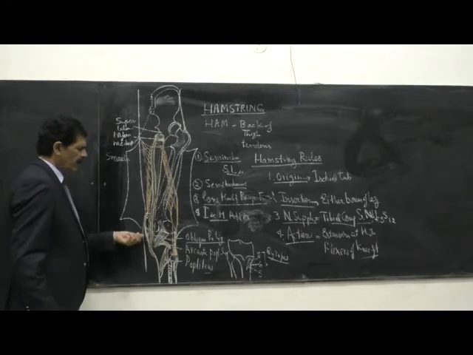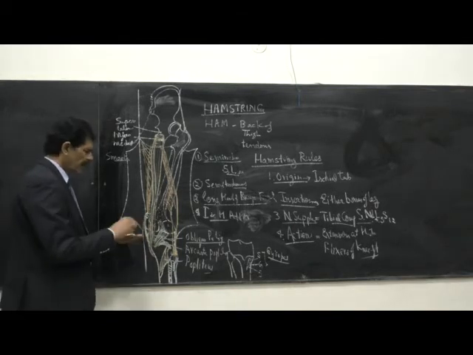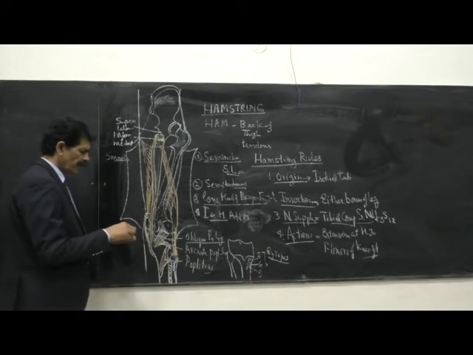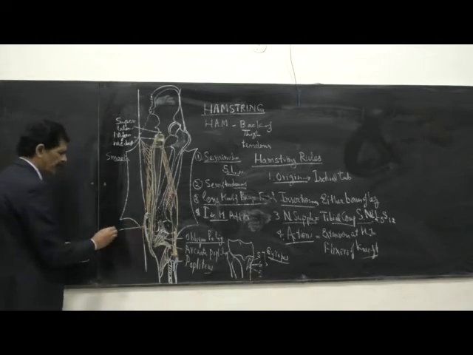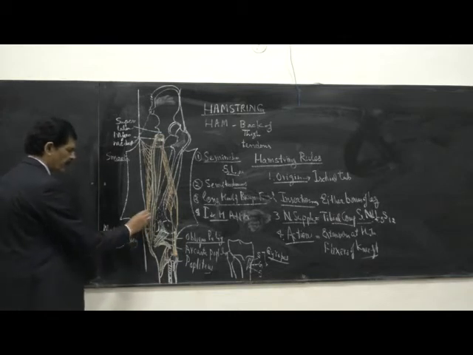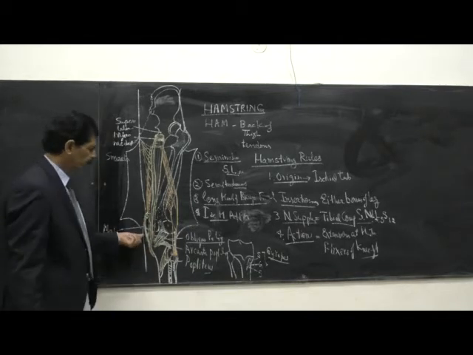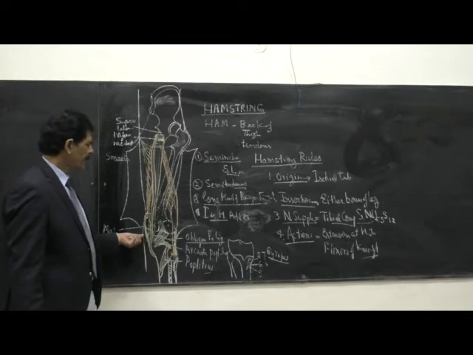So from the adductor tubercle to the medial condyle of the tibia, this is the aponeurotic extension of the adductor magnus muscle, and this part is called the hamstring part of the adductor magnus, and it forms the medial collateral ligament of the knee joint. So from the adductor tubercle to the medial condyle, this is the part of it. The medial collateral ligament is the ligament of the knee joint.